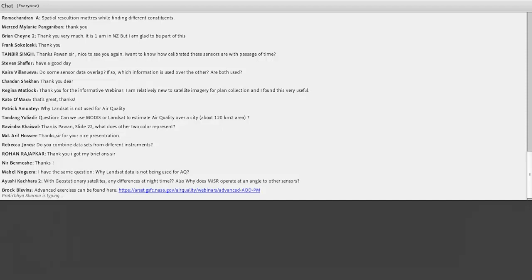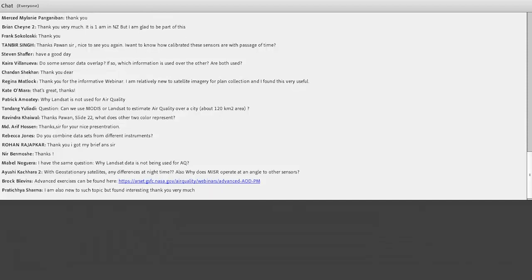It takes around 16 days to provide global coverage. Second, when you work with such high resolution data, the signal to noise ratio becomes an issue, and retrieving aerosol or other air quality information from Landsat can have large uncertainties.